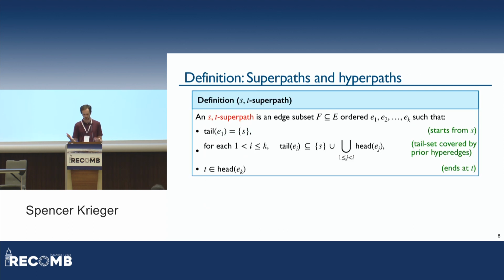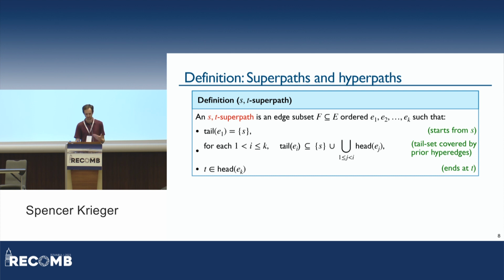So now to go back and more formally define hyperpaths and superpaths. Here we first define an ST superpath, which you can think of as an edge subset that connects S to T. So it's an ordered edge subset where the tail of the first hyperedge contains only the source vertex, and then for each subsequent hyperedge, its tail set is covered by the union of the source and the head of all the previous hyperedges, and then finally the sink T is in the head of the final hyperedge.